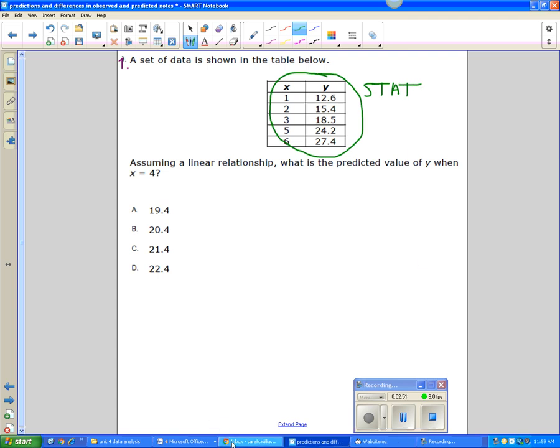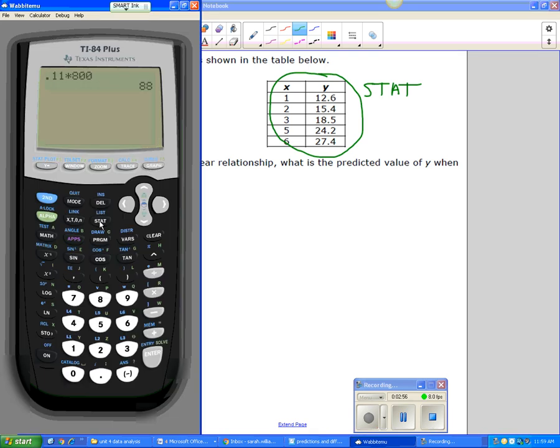So I am going to go to my calculator and hit stat, edit, and I'm going to put in 1, 2, 3, 5, and 6.